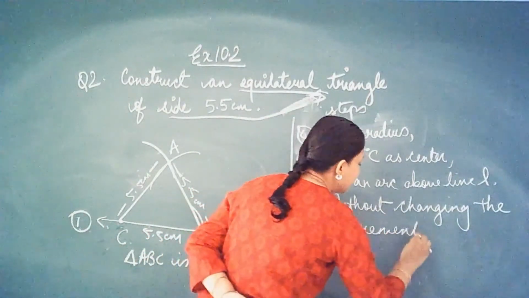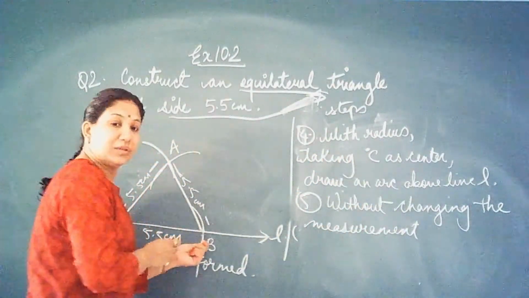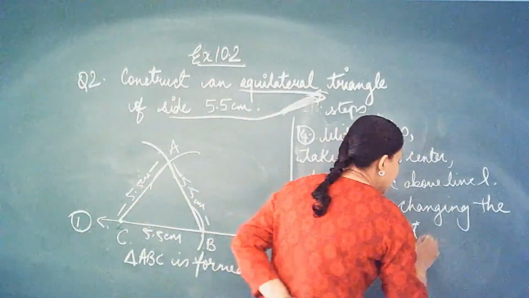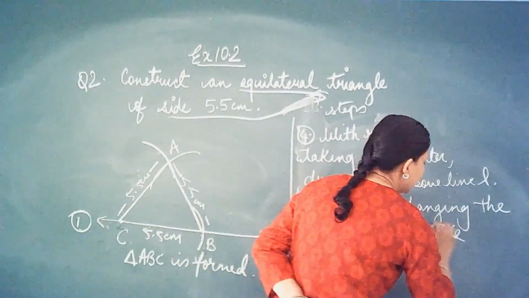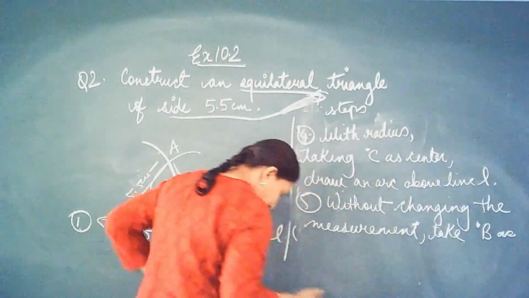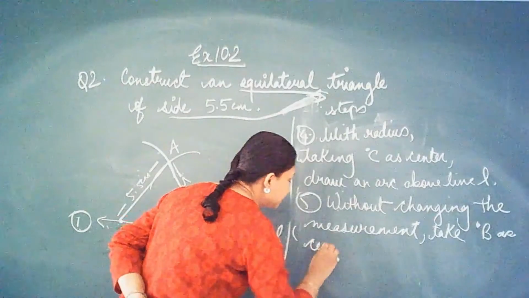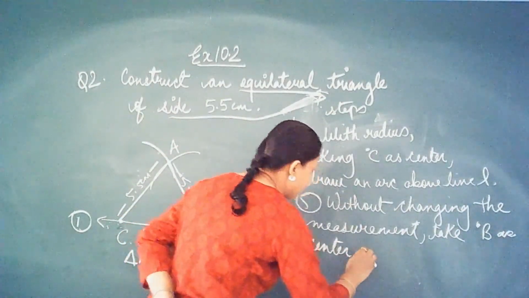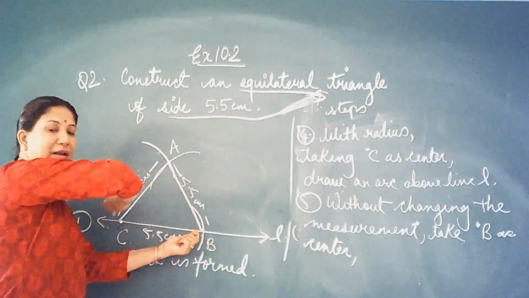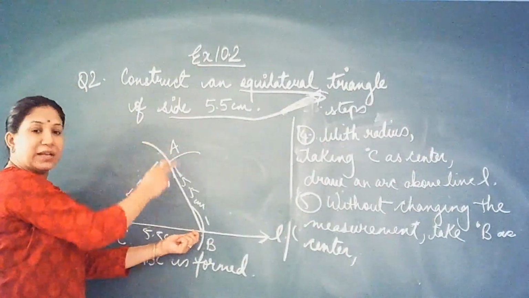So without changing the measurement, what we have done, taking this time, the last time, taking B as center. So take point B as center. And taking B as center and above line L, when we draw, you see this arc gets cut.